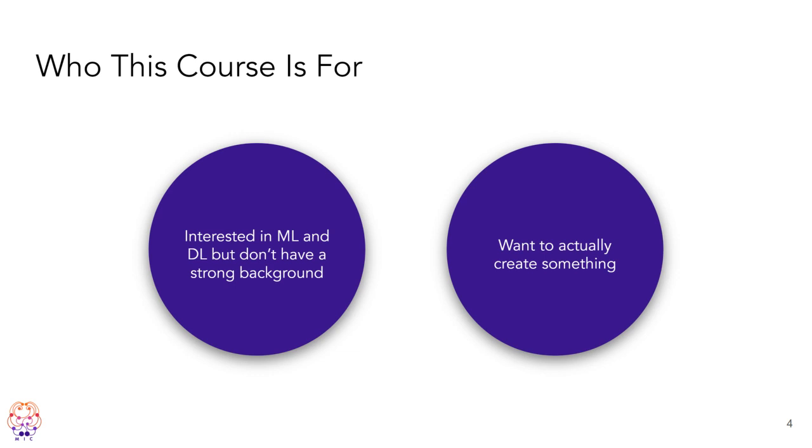Maybe you don't have a strong background, or you think a 500 level class isn't up your alley at this point. This is a good time to explore and see what you like and don't like. It's also really good if you want to actually make something. The whole idea of this class is to have something you might be able to put on your resume, or leave up on GitHub as a cool project by the end of this class. And then talk with other people and learn a lot.